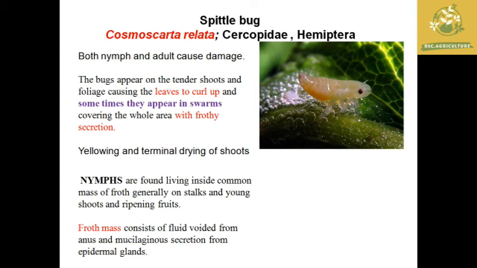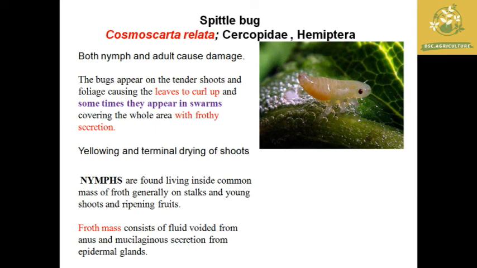The whole area is converted into a frothy mass, where you can only see unhealthy leaves, and the nymphs are found inside the frothy mass, generally on stalks and tender shoots, and also even on ripening fruit. It also causes yellowing and terminal drying of shoots. You can see the presence of spittlebug in that area.